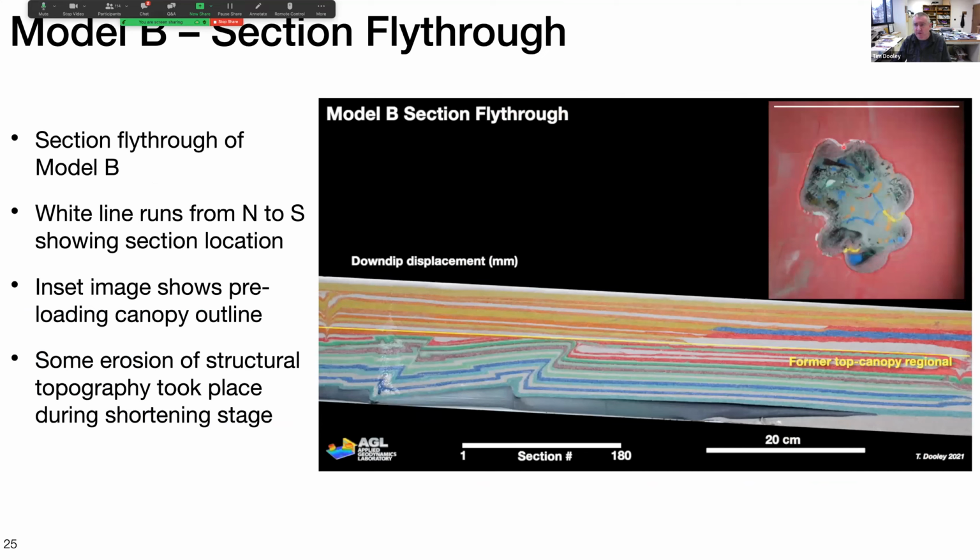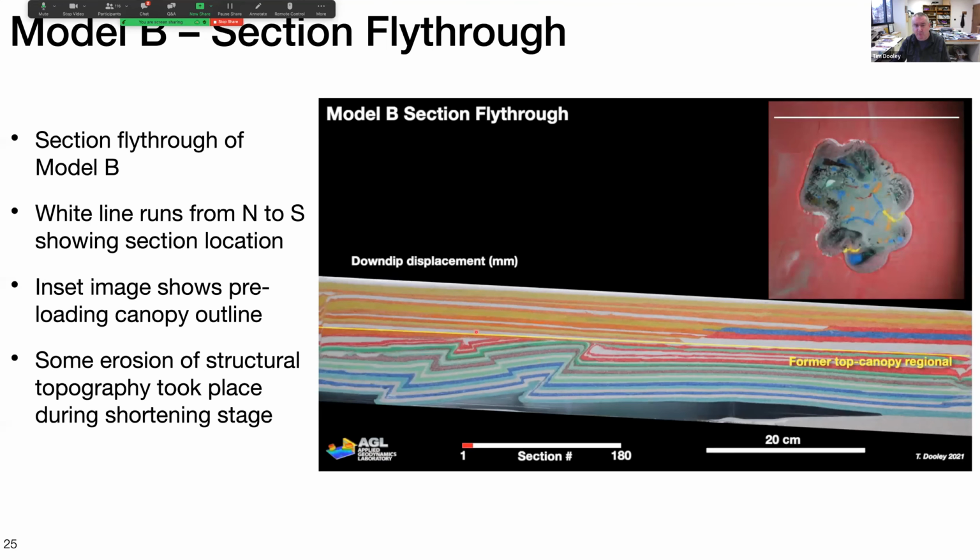And so once more, let's just have a quick look at a section fly through. So here's the overhead at the end of the shortening stage, but obviously at the end I have added on all these extra wedges on top.